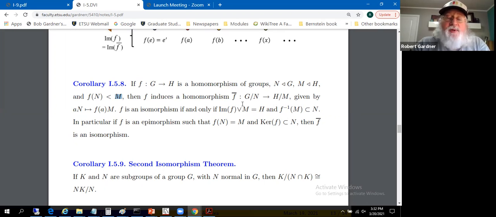In fact, there's a little bit more to the statement. That homomorphism, we'll denote it psi, maps left coset aN in this quotient group to the left coset f of a M in this quotient group. So this gives us the existence of such a mapping. The next statement gives us a property of it. We're going to use both of those.